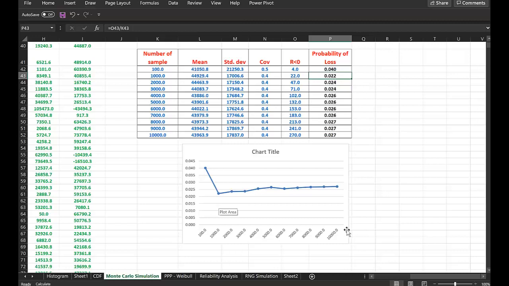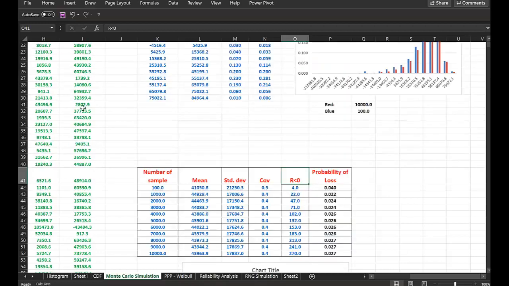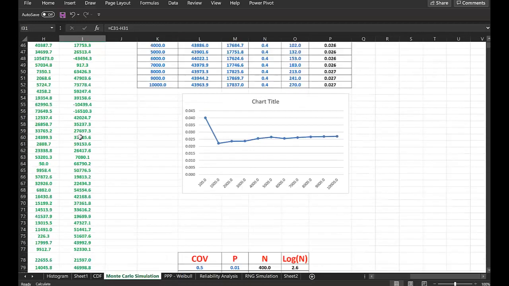Now for example, in this case I consider R less than 0, but let us consider a different situation, where R is less than minus 20,000. In that case, probably 1,000 samples will not be sufficient, because I am looking for a number in this cell that is less than minus 20,000, and there is a very low probability.